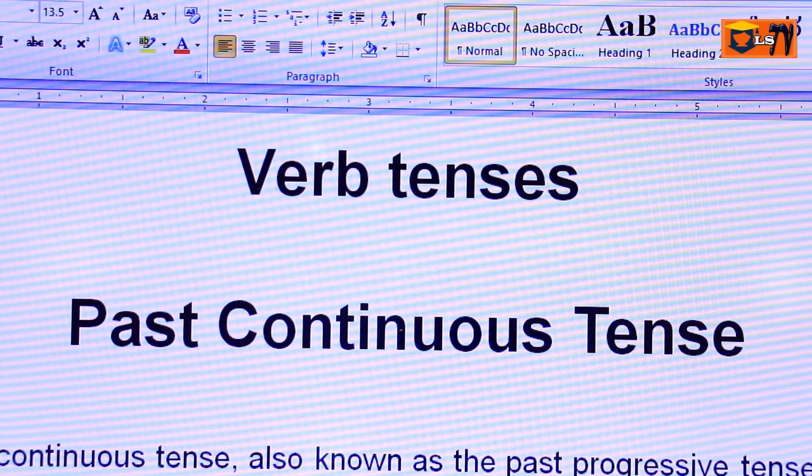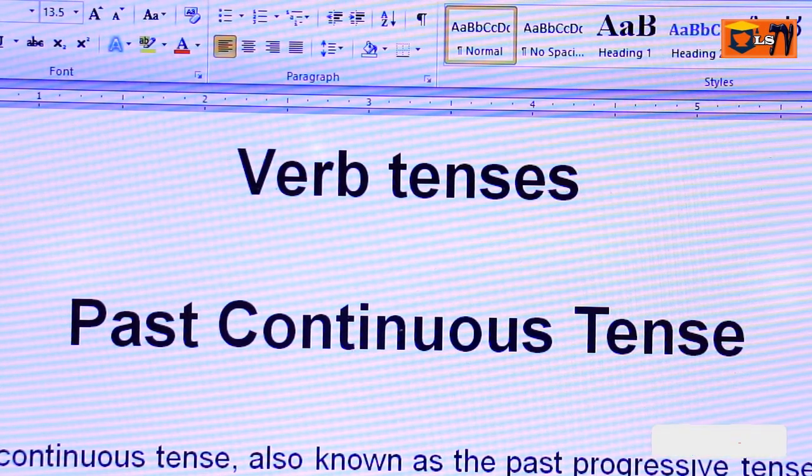Today we are going to continue where we stopped last week. We are going to continue studying verb tenses. Today we are going to look at past continuous tense. Let's get started. Past continuous tense.